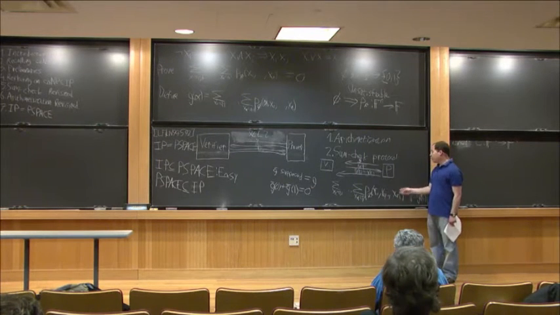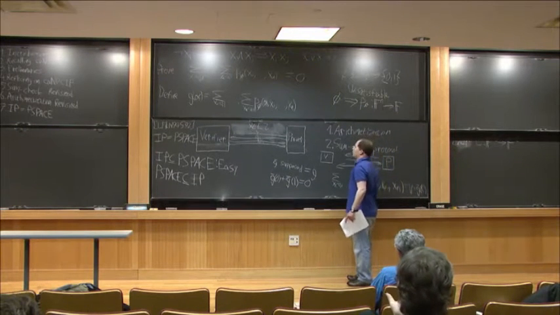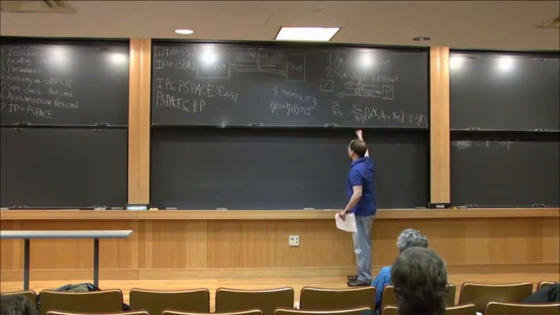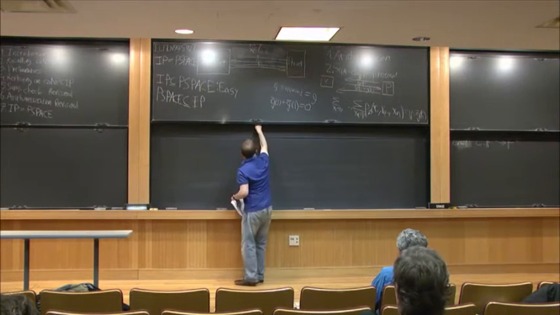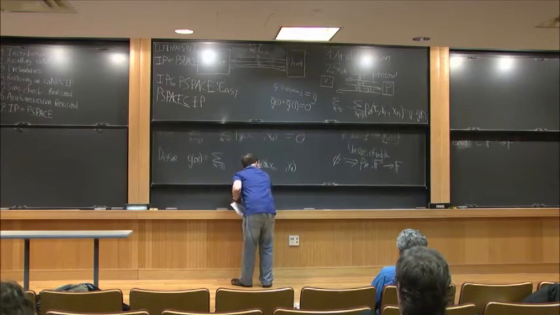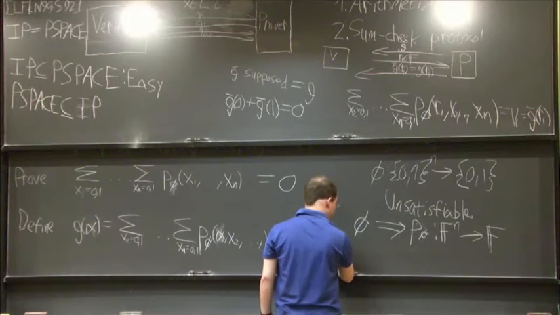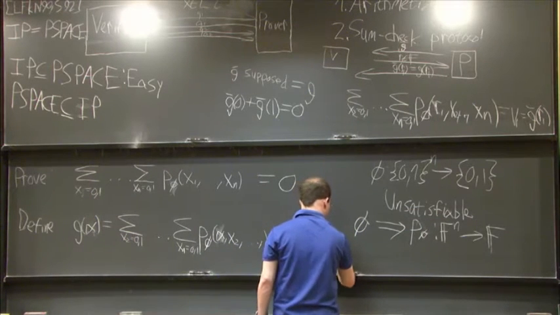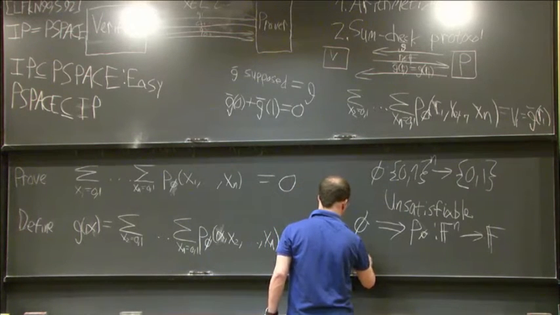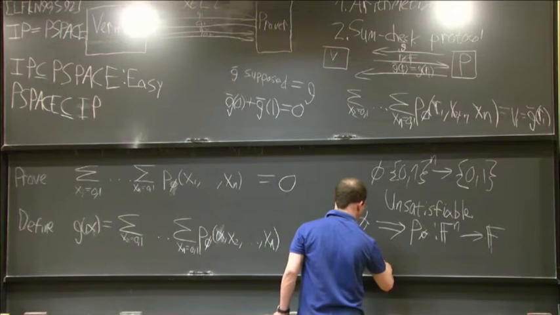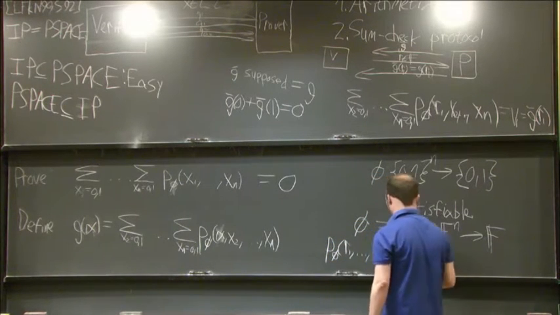And now we can repeat this process, stripping the summations one by one, until eventually we reach an expression of the following form: P sub phi of R1 to Rn equals some value v.